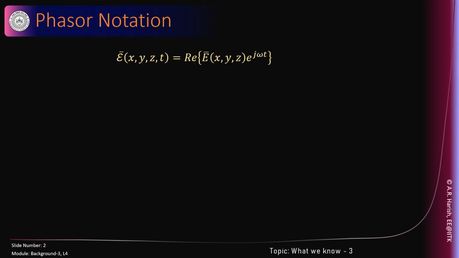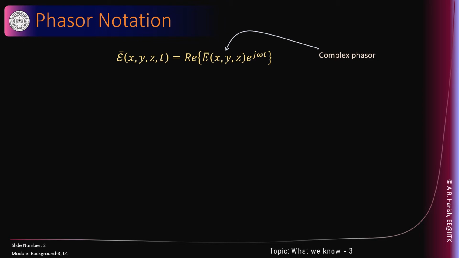Script E bar is a vector quantity, a real quantity, a function of both space and time, which can be written as the real part of E bar, a function of space only, xyz, multiplied by e to the power of j omega t.